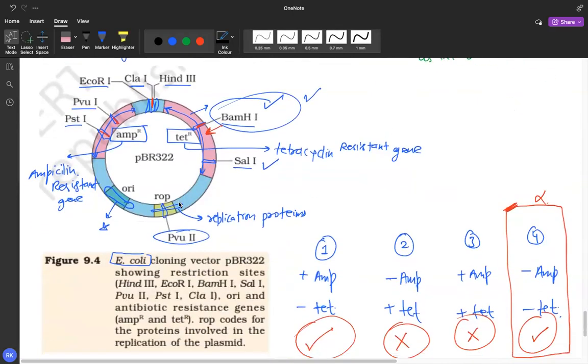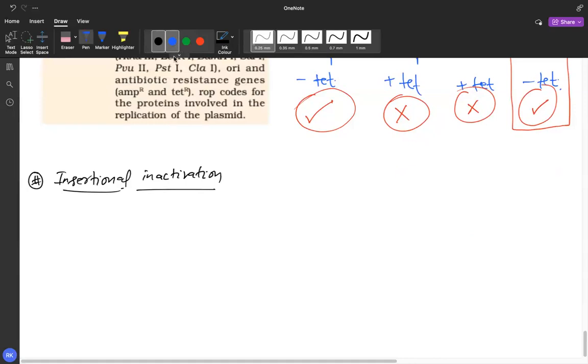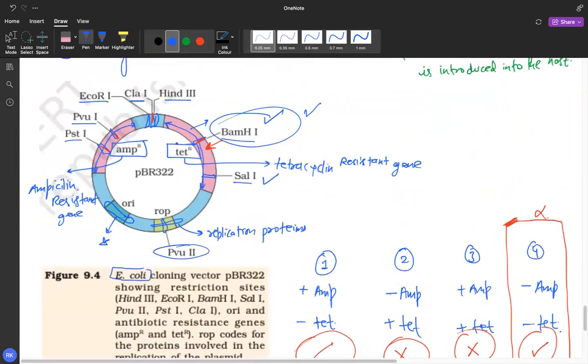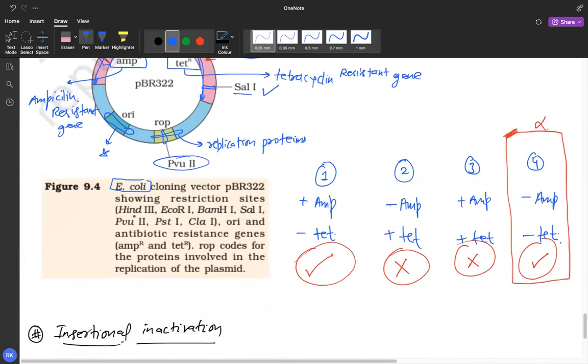So basically, instead of antibiotic resistant gene, we use the sequence of an enzyme called beta galactosidase. Instead of the tetracycline R gene here, we will have a beta galactosidase gene.